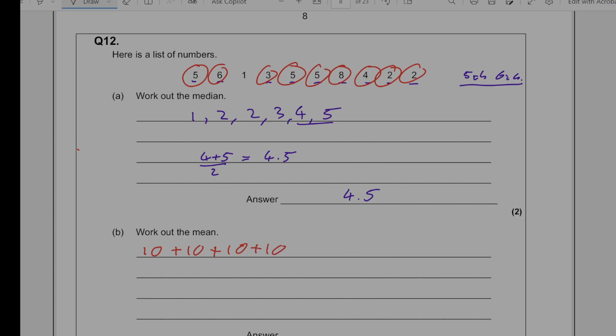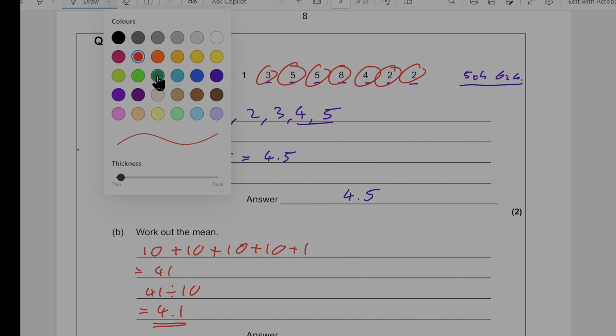And then I've got another 1. So they're going to add up to 41. And then I need to do 41 divided by 10. So I'll do it over here. 41 divided by 10 is going to give me 4.1. So that's an absolutely fine way of doing it. And please don't worry about this second method if it's not helpful to you.